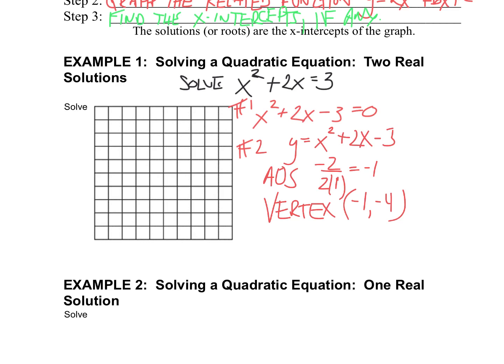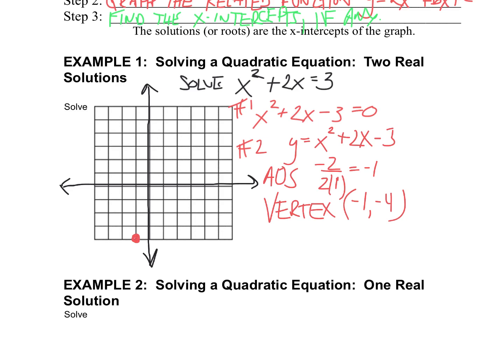So now I'm going to go ahead and start making my graph here. There's my y-axis. There's my x-axis. We will start plotting a few points here: negative 1, 1, 2, 3, 4. I know it's opening upwards, so I don't need to go below that.